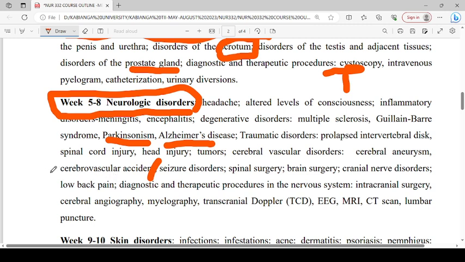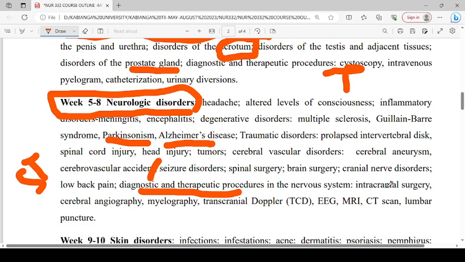So we'll have to review the stroke. Then you have lumbago, cranial nerve disorders, diagnostic tests and therapeutic procedures in the nervous system.